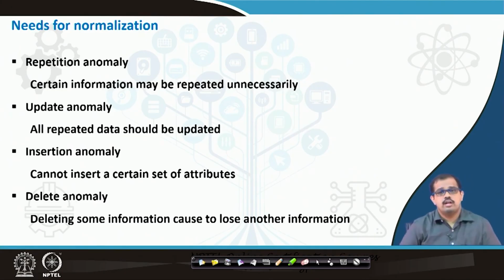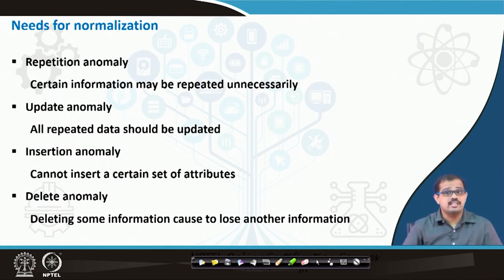If someone asks why you need normalization, the first thing, as I previously said, is that the repetition anomaly can be easily removed from the database. The update anomaly, where multiple tasks are involved, we can remove.